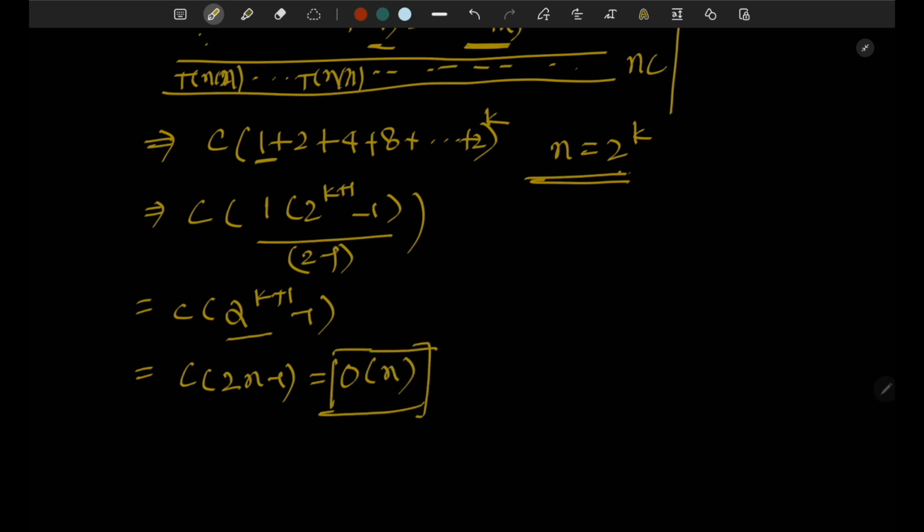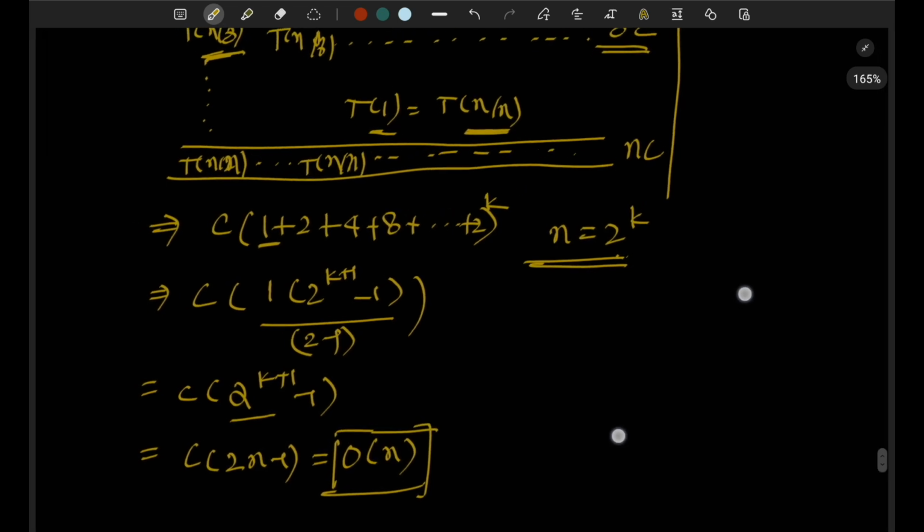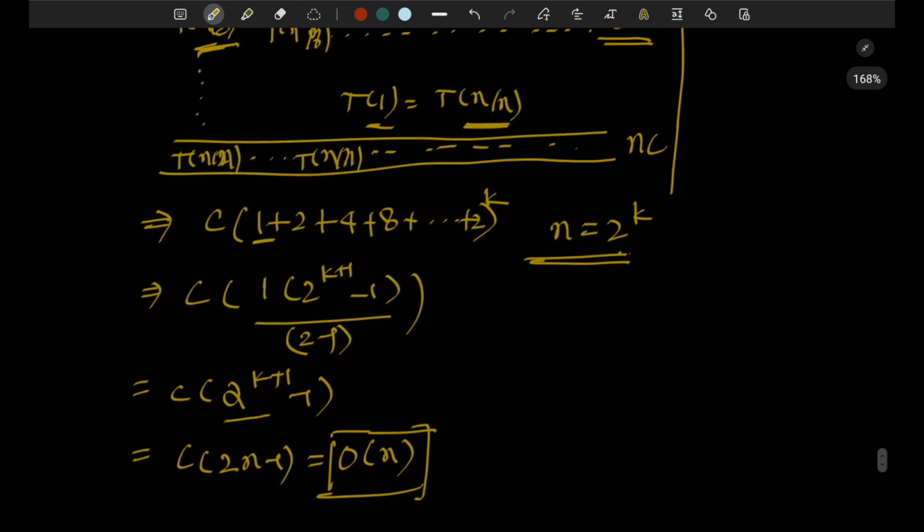So I understand that for some of you this may become too much of a mathematical exercise, but the core idea behind this whole video, this whole section, is to get a hang of, or the feel of, what exactly it takes when we say that the runtime complexity or the space complexity of an algorithm is something. We should not be doing some sort of superficial work.